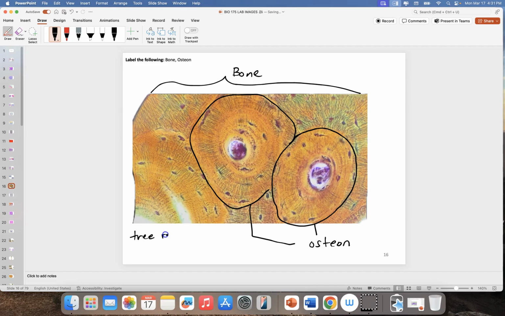Some people say that bone looks like tree rings. If you cut down a tree and you look at the stump, you can see the growth rings of the stump. Some people think that it looks like that. Other people use the analogy of a target with a bullseye in the middle.